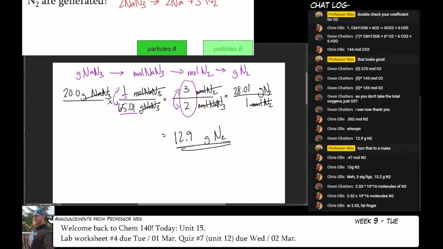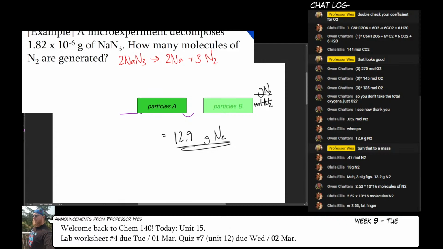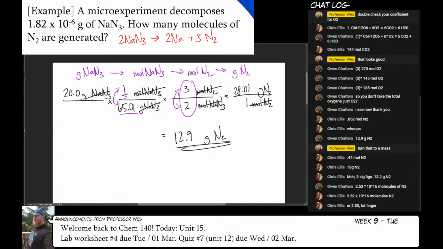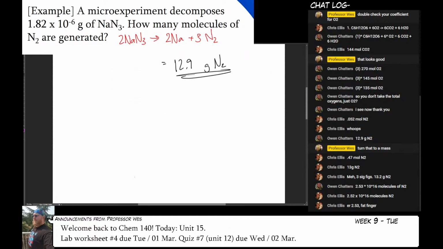All right, let's go over this together. All right, so for this micro experiment, we're going to use a very small amount of sodium azide.